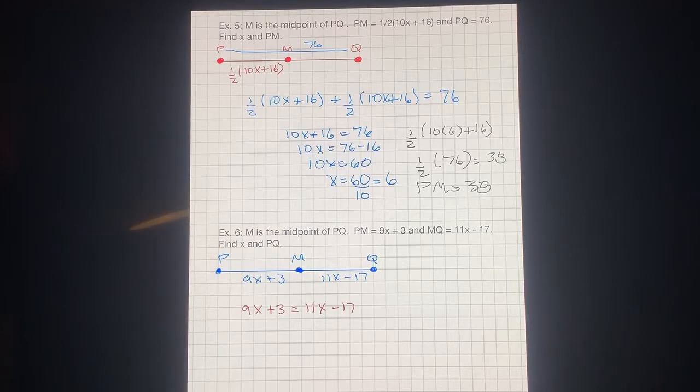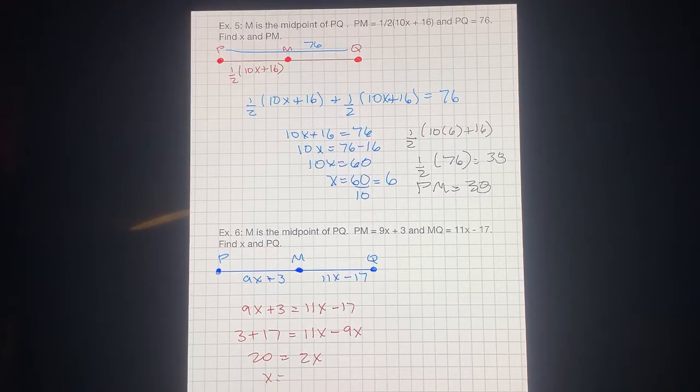So now I can say, moving the 9x from the left to the right, it's 11x minus 9x, because the 9x is adding so I'm going to subtract it, and the negative 17 on the right is going to add on the left, so it's 3 plus 17. So that means that it's 20 equals 2x.